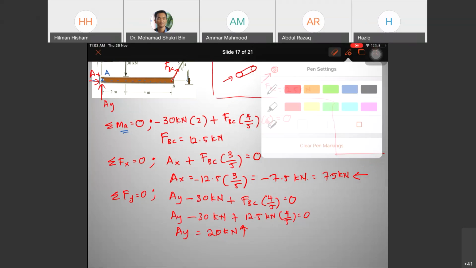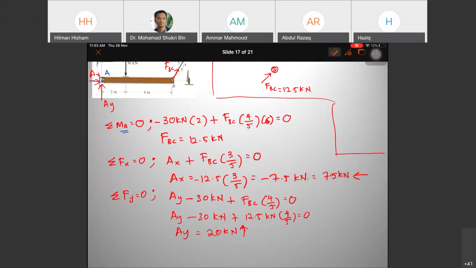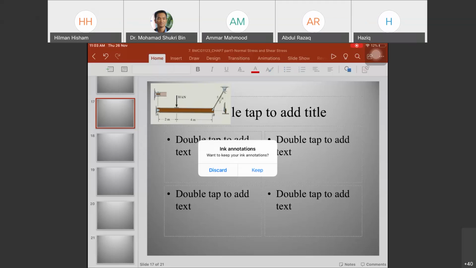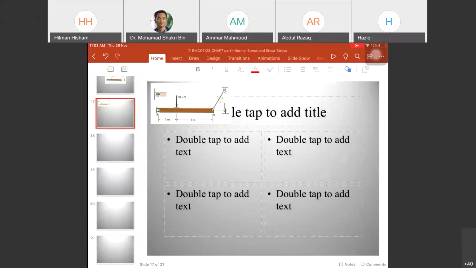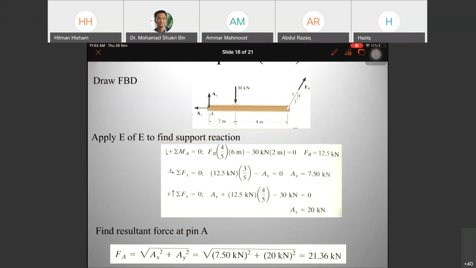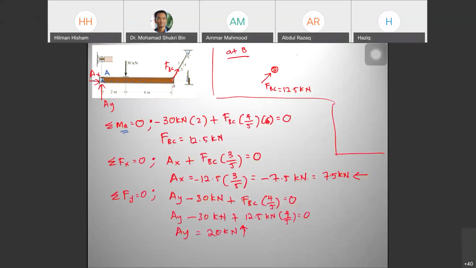Cut and remove this line, FBC. So you find tau for BC, which is equal to V over A. V is the same as the force for the shear.